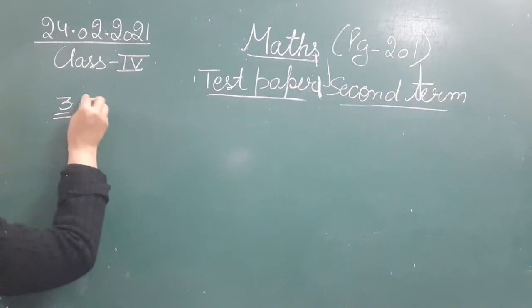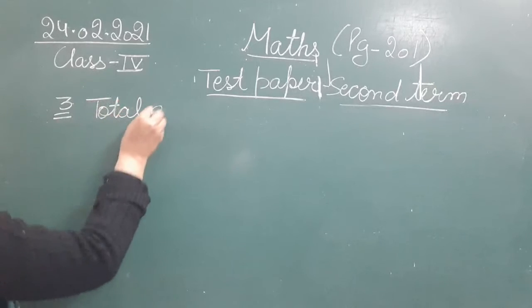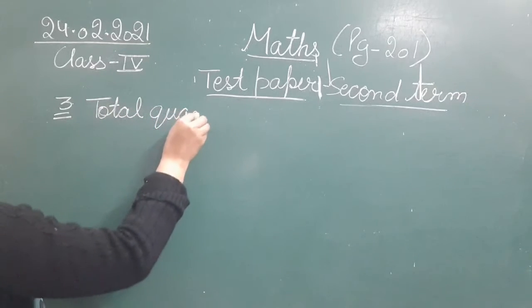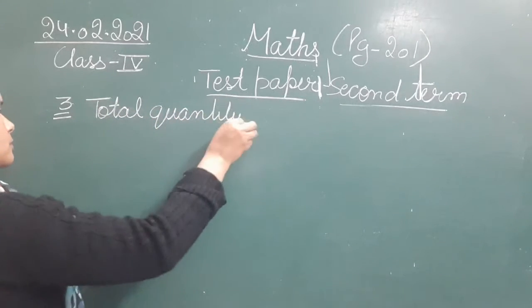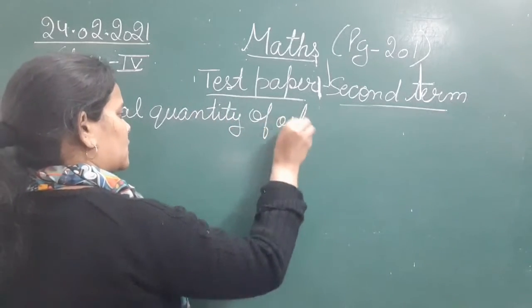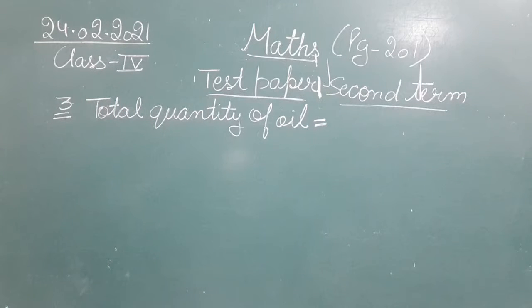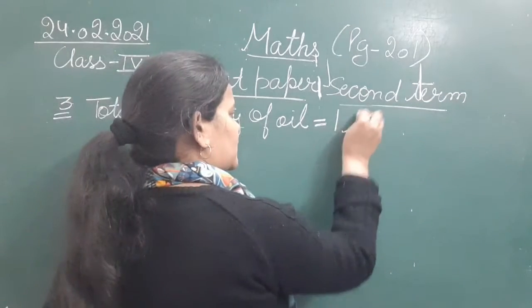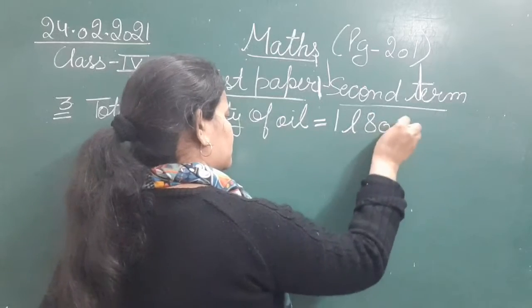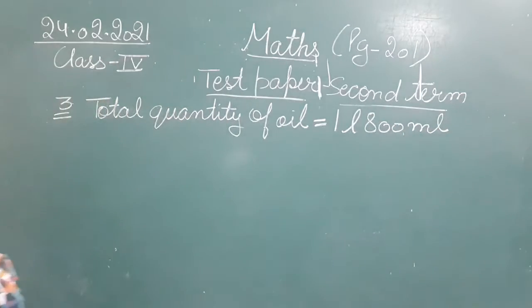Total quantity of oil is 1 liter 800 milliliter. This is the total quantity of oil.